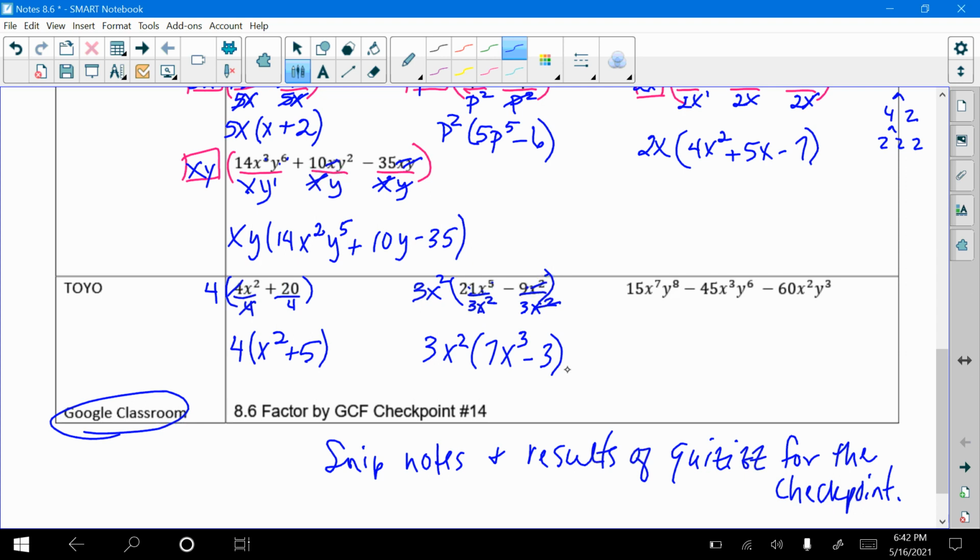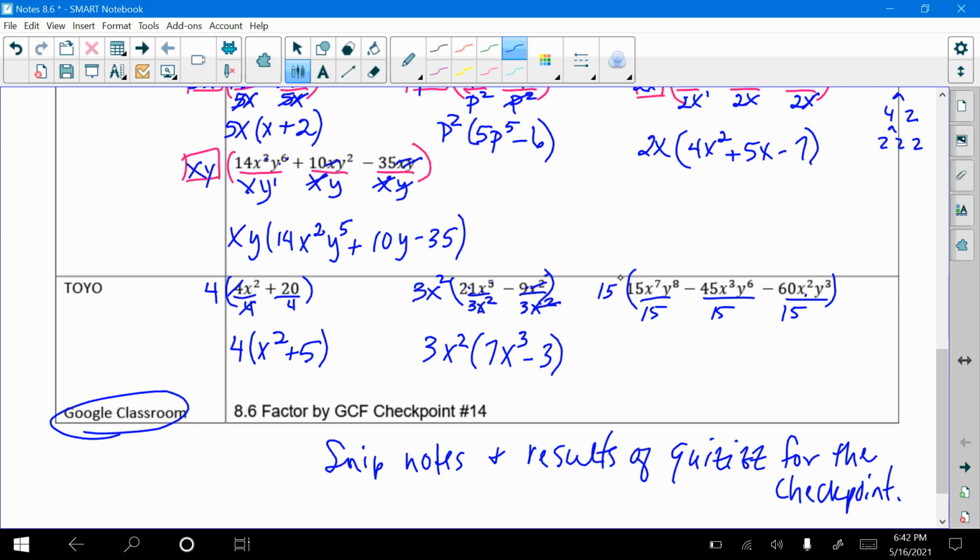Done. And the last one, this one's a little bit long, but we're going to look at 15. First of all, does 15 go into 45 and into 60? The answer is yes. So I'm going to use 15. Now we need to worry about your variables. I want my lowest value of x's and y's. So 7, 3, 2.